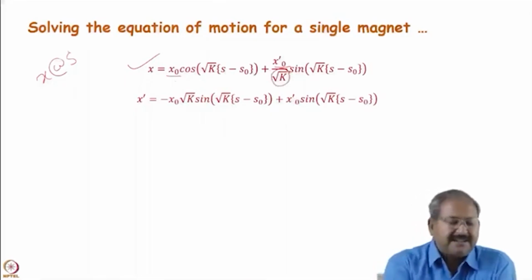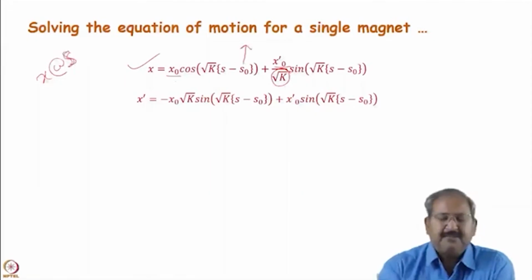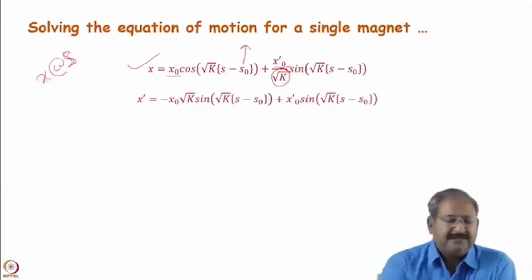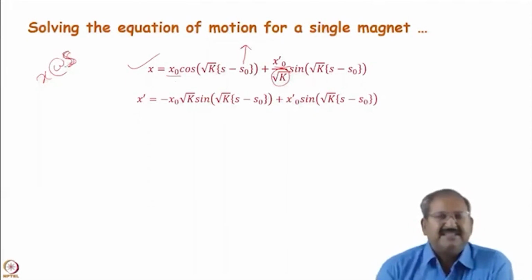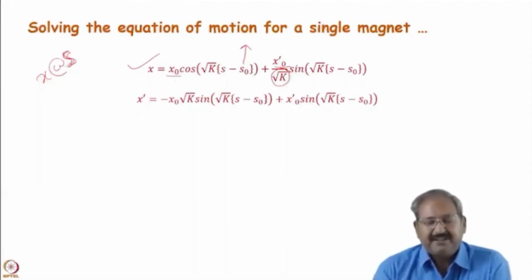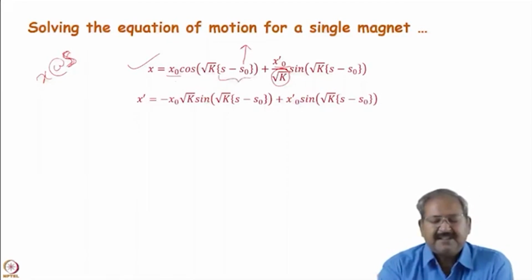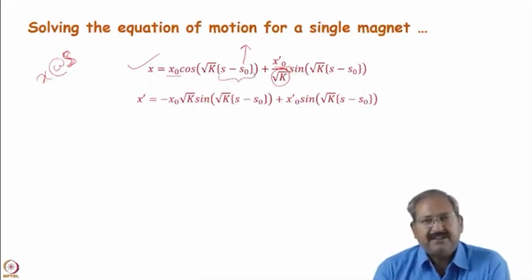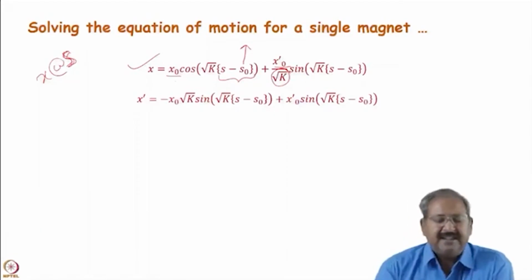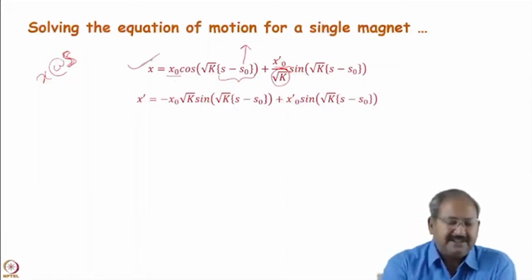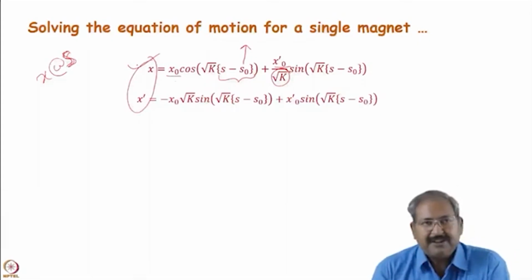Now suppose this s0 is our beginning point of the magnet. If s is at the end point of the magnet, then this s minus s0 is actually the effective length of the magnet. And in that condition, these x and x prime will be the coordinates of the particle trajectory at the end of the magnet.